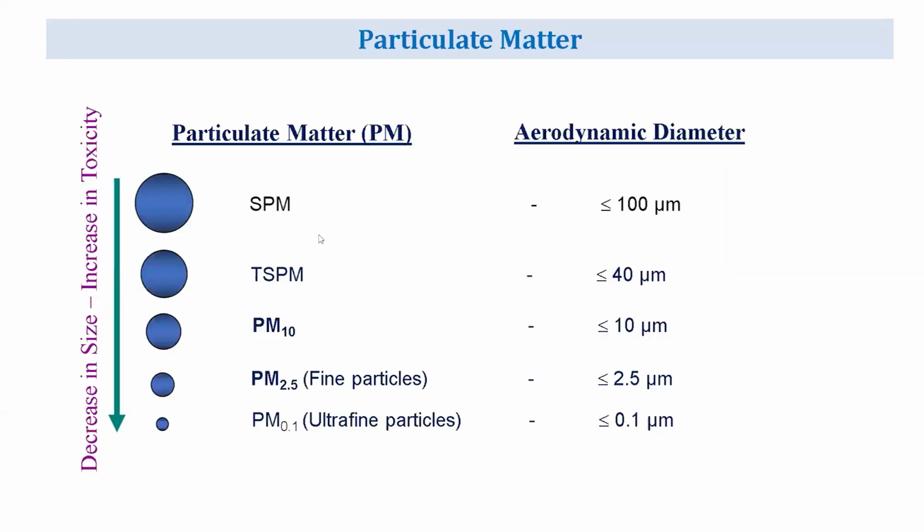As we move down in particle size, from 100 microns down to 2.5 and 0.1 microns, you can see the toxicity increases. That is where these fine particles, especially 2.5 and less than 2.5, are pretty harmful. As in the previous lecture, you have seen Alzheimer's nowadays has been linked to air pollution.